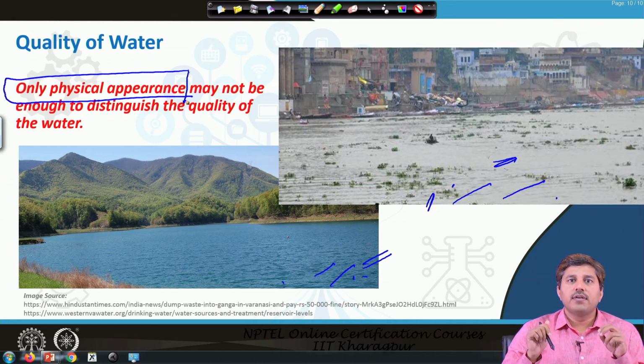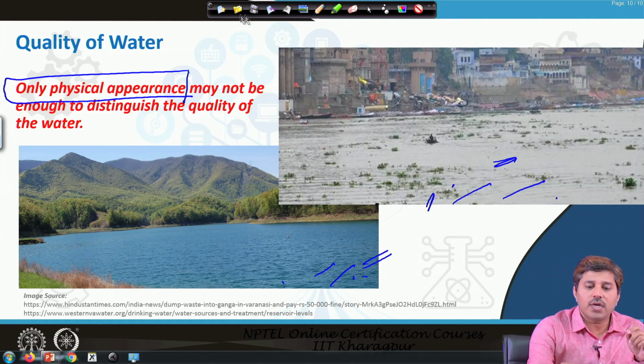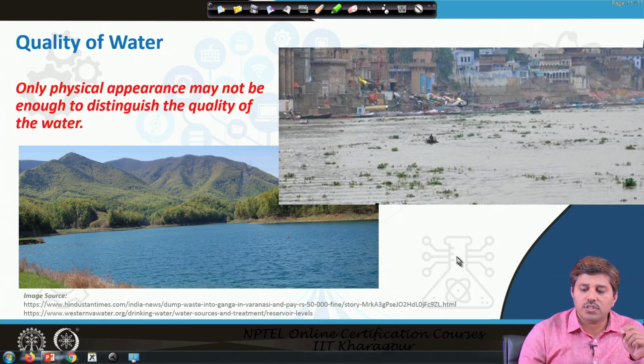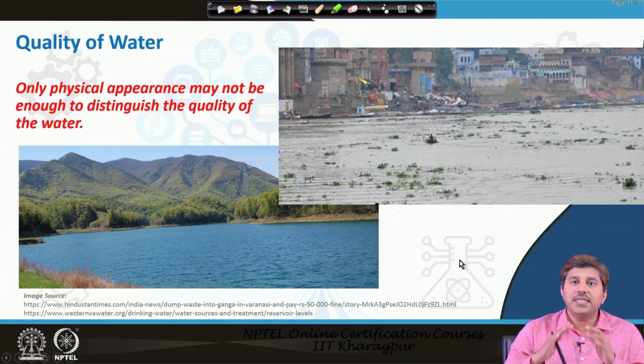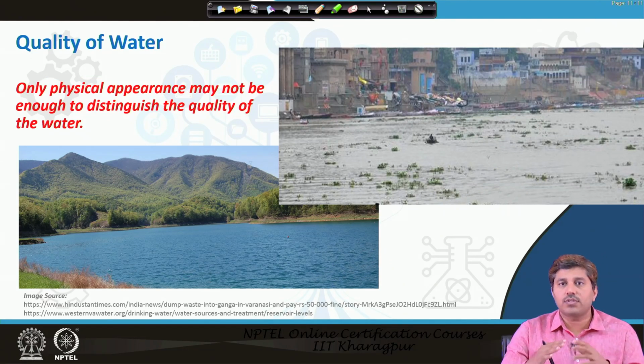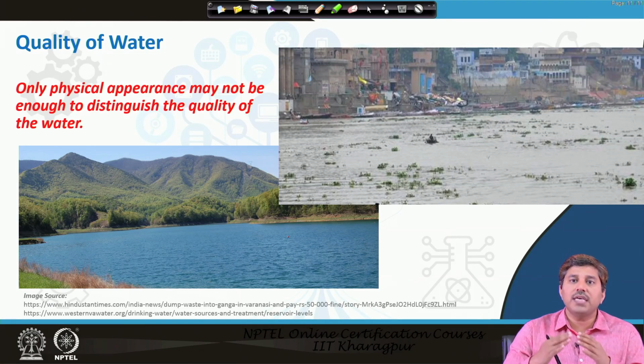Just by appearance, if a source is looking very clean, that does not mean that water quality is good in that source. It may be good, but it may have certain contaminants which are undesirable in the sense that they may be toxic, unwarranted, or harmful to the consumers, but are not giving any color, taste or odor, and are not changing any physical attribute of the water.